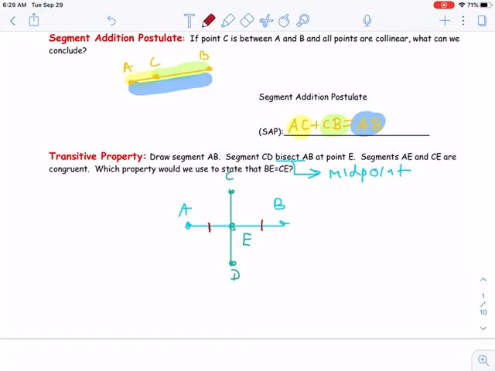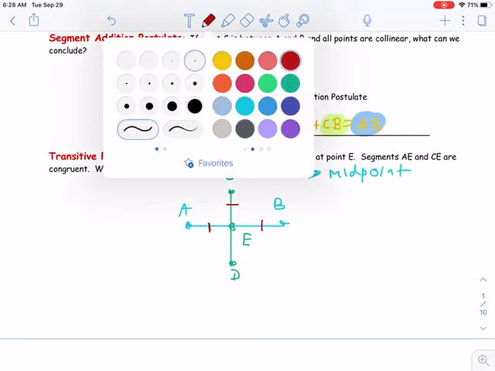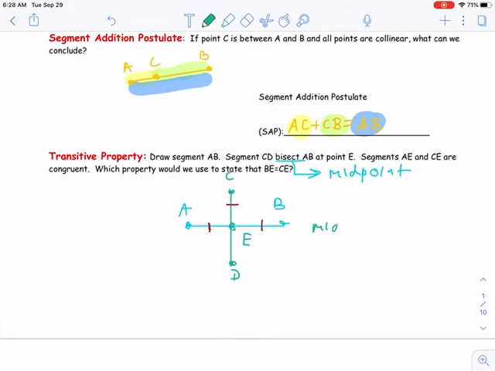Now it's telling me that AE and CE are congruent. Because of the bisect, we know AE equals BE. Then it was given that AE equals CE; we're going to simplify and write equals.